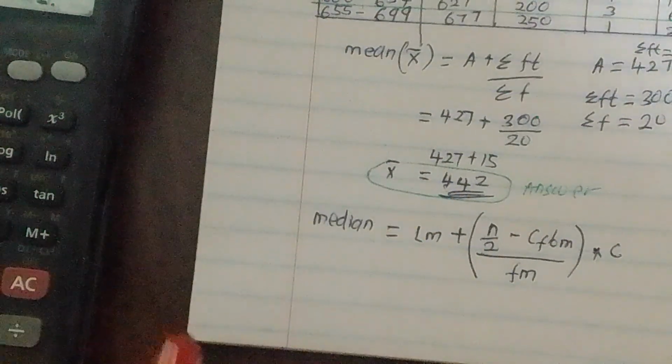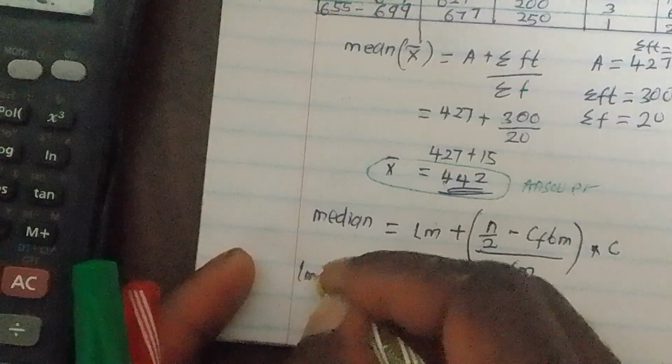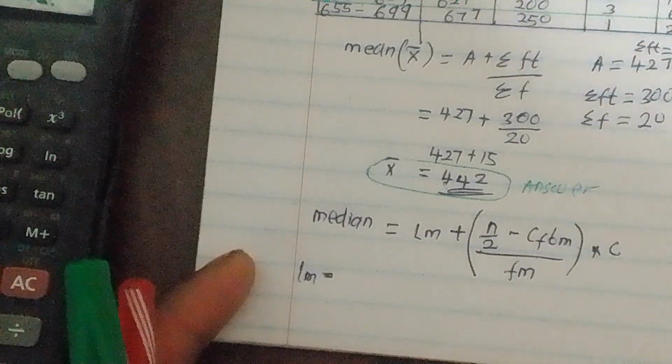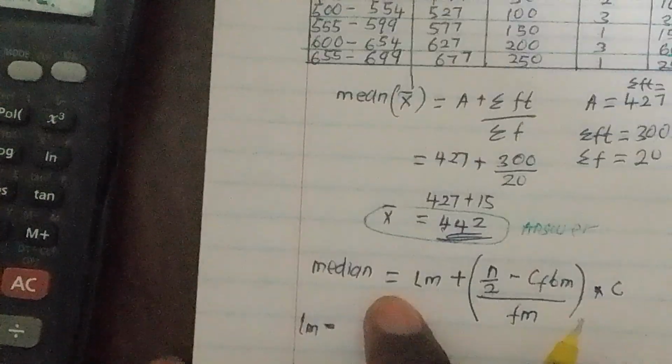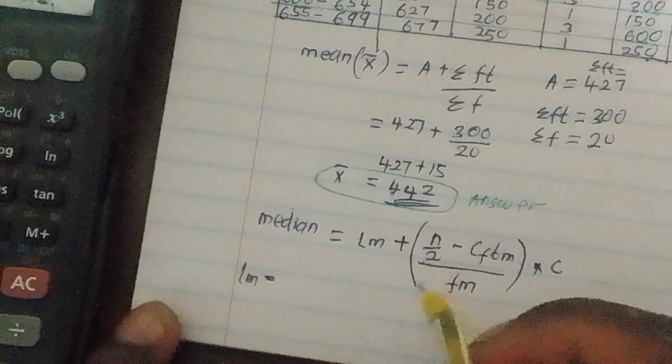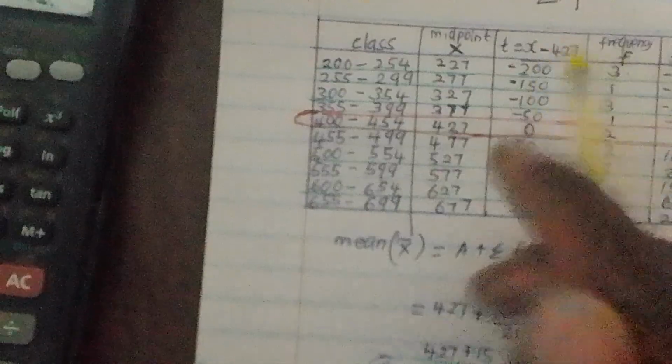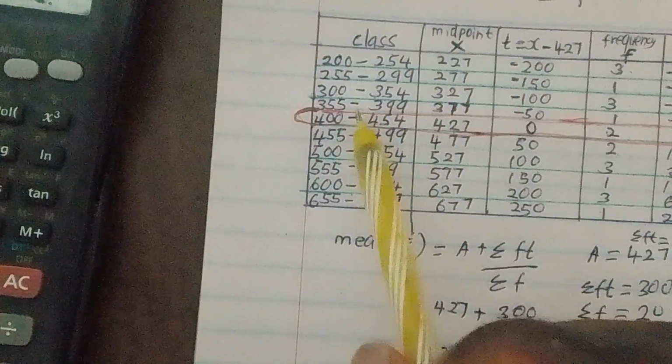So here we'll find Lm. Lm is the lower class limit. The lower class limit here will be here. We will come here, you see this 400.